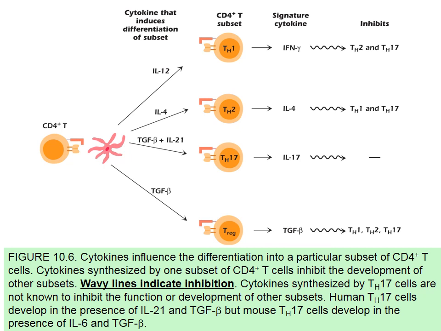So these subsets are produced in response to these signals. For example, if you have IL-12, this will differentiate into TH1. If you have IL-4, it will differentiate into TH2. If you put TGF-beta and IL-21, it's going to become TH17. And then TGF-beta is required for T regulatory cells. So this is how it goes.